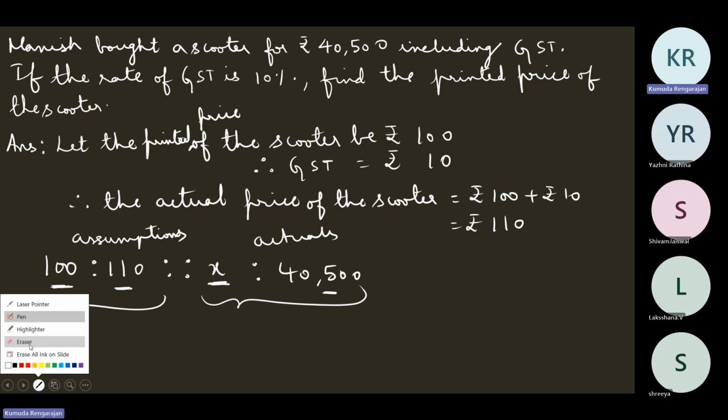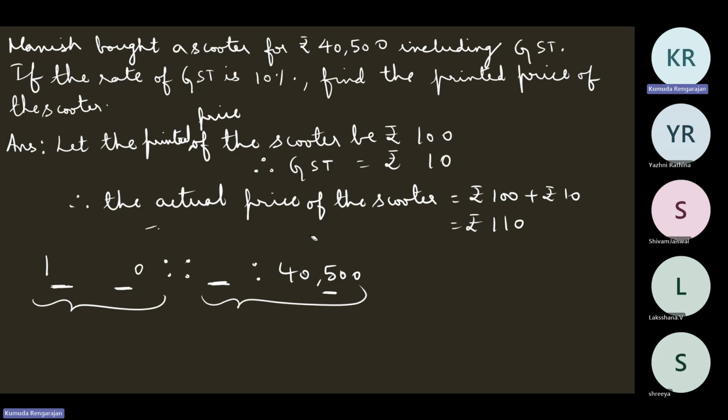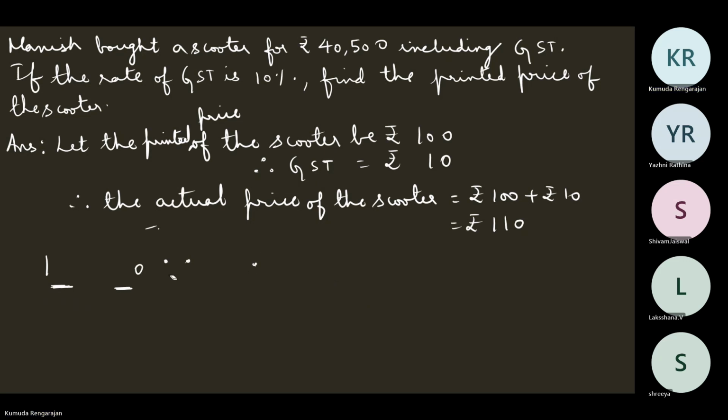So on one side, we write the assumed values. On the other side, we write the actual values. See here. Without GST, 100. With the GST, 110. This is the assumption.